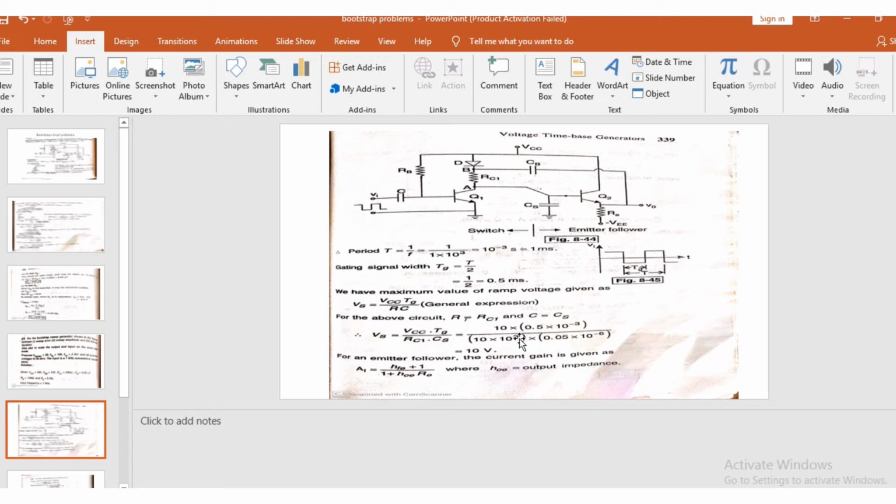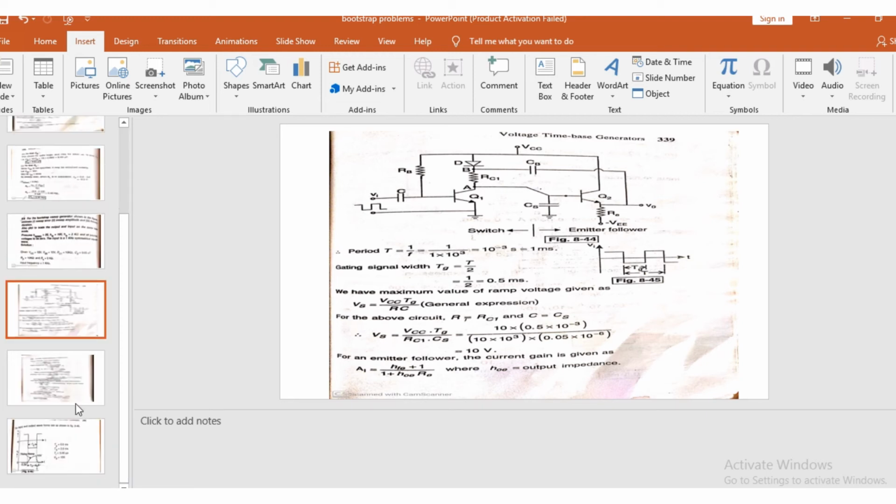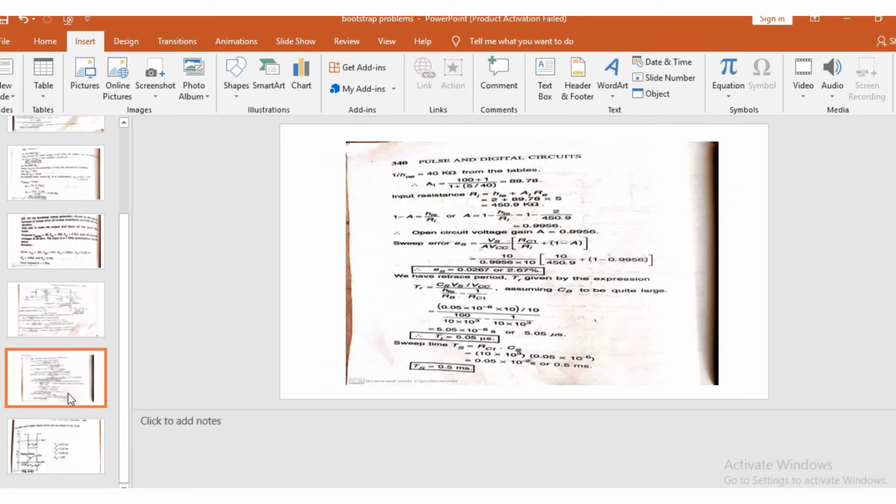Next, for an emitter follower, we know that the current gain is given by this formula. AI is equivalent to (HFE plus 1) by (1 plus HOE into RE), where HOE is the output admittance. Next we move on to the next slide, continuing this problem. Now you can see 1 by HOE value is equal to 40 kilo ohms from the tables.